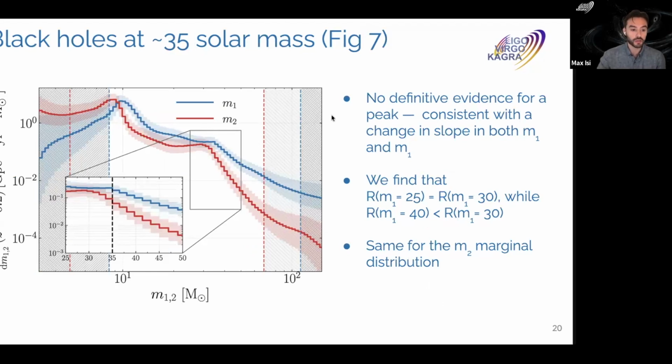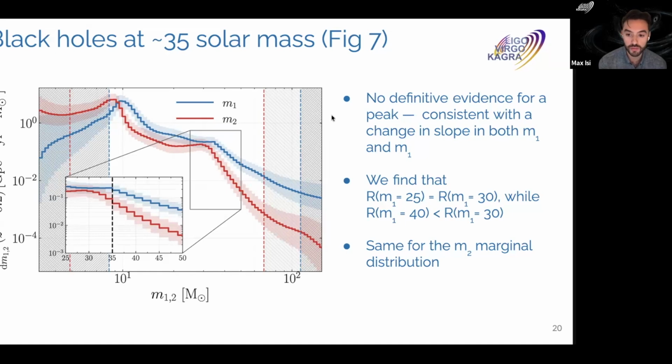So far I have been talking about the feature around 10 solar masses, but the next feature of interest, moving left to right on the mass spectrum, occurs at around 35 solar masses. And for some time, it's been known that there's a feature here, though whether it's a peak or a break, a change in the slope of the distribution, was not always clear.